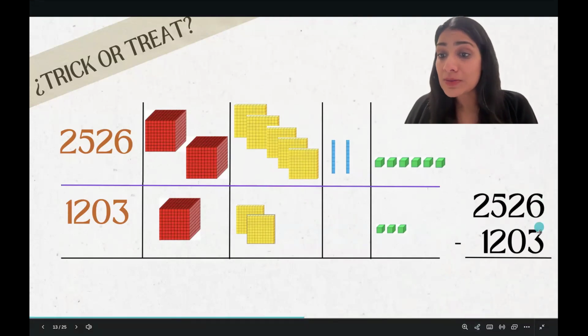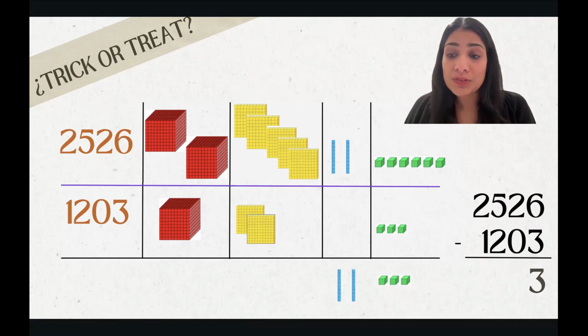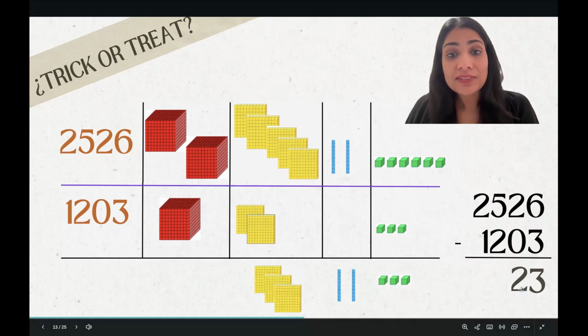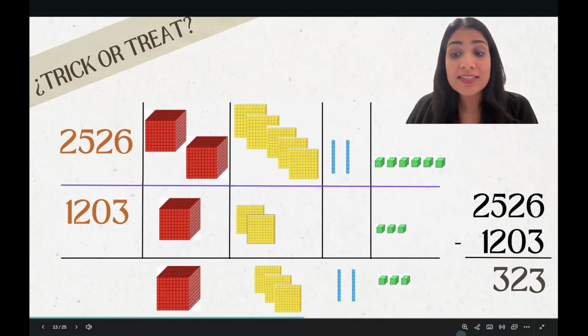So we do 6 minus 3, and what do we get? 3 ones. That's what we write down. 3 on the ones place. 2 minus 0 will be 2. So we write down 2 on the tens place. And when we do hundreds, we see that 5 minus 2 is 3 hundreds, which we write down 3 on its hundreds place. Same, 2 thousands minus 1 thousand we get as 1 thousand.